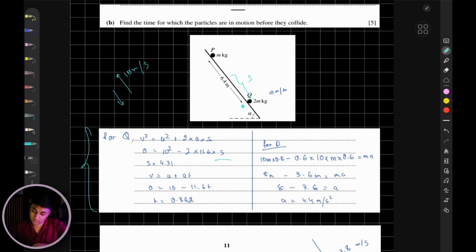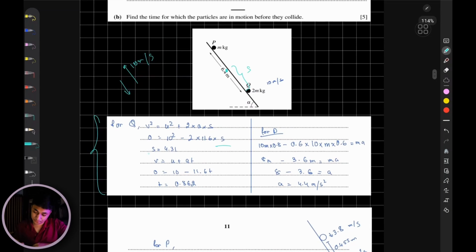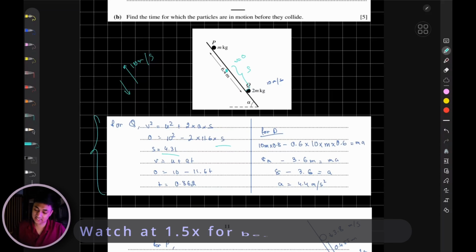So this block is going to move upwards and reach this position, let's say, right? Now this s is going to be your displacement. That's what I'm finding out for Q. This s turns out to be 4.31. So at the point where velocity is 0, the displacement from the initial position is 4.31.